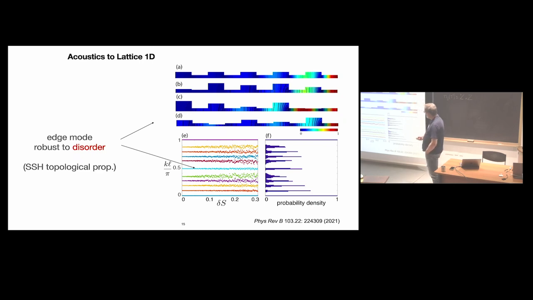We can see that as well statistically, making many realizations of this computation, where you see that this edge mode at the lambda over 4 resonance is less sensitive to the disorder than everything else.